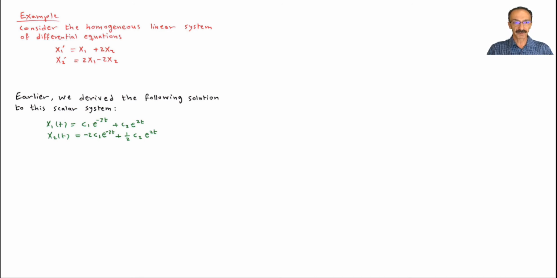We came up with the following: x1 equals c1 e to the power negative 3t plus c2 e to the power 2t, and x2 was minus 2 c1 e to the power negative 3t plus half c2 e to the power 2t.